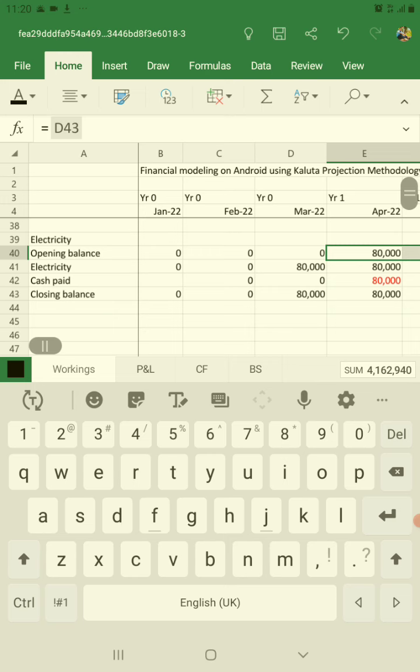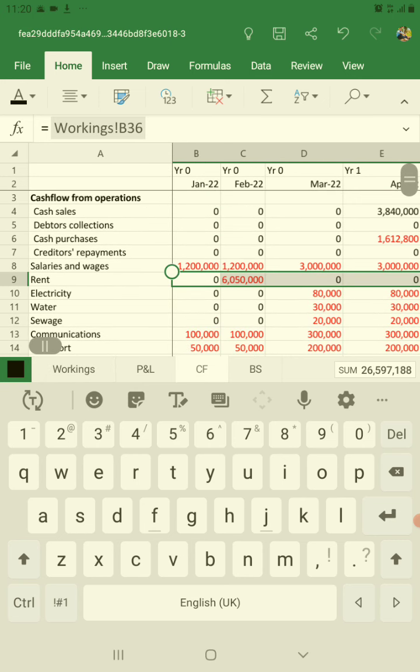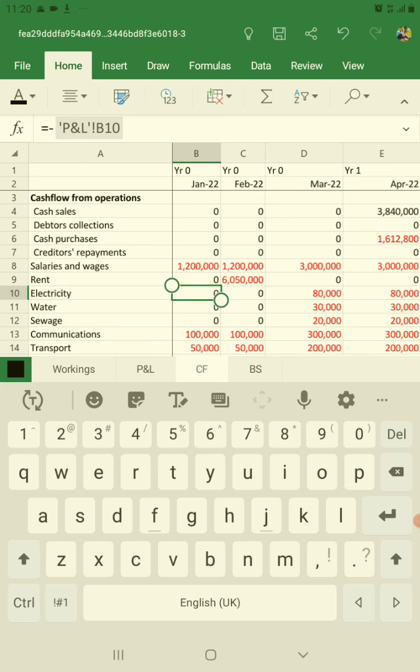And we can now incorporate this modeling into our financials. Go to the cash flow here on electricity. Now, instead of picking our electricity from profit and loss sheet as we did when we started this, we're now going to pick it from our working side.